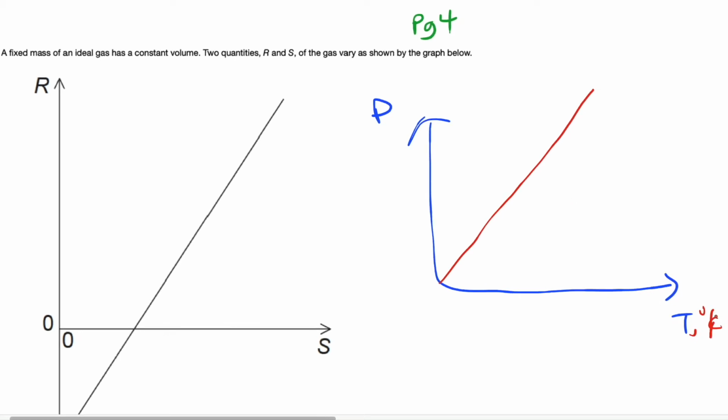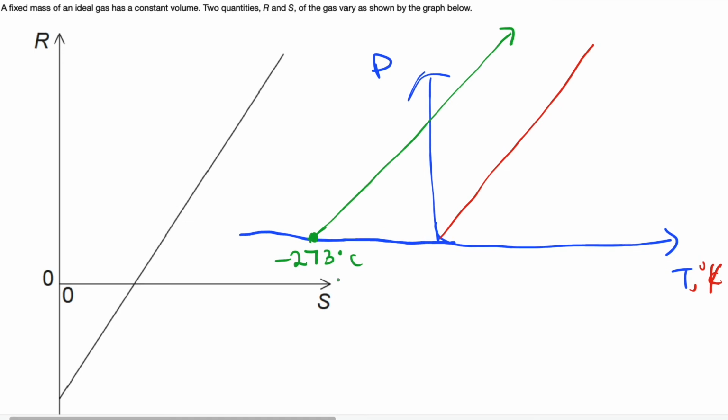Here's Kelvin. And if the temperature is in degrees Celsius, it's going to be something like this. And here is negative 273 degrees Celsius, if I remember correctly about the unit conversion, right?